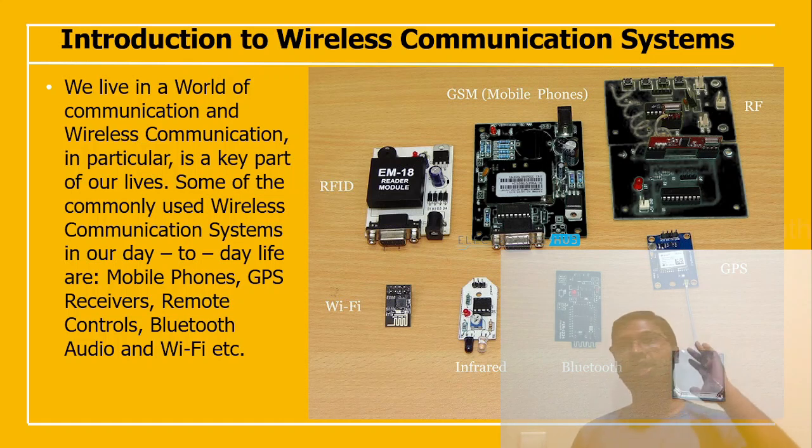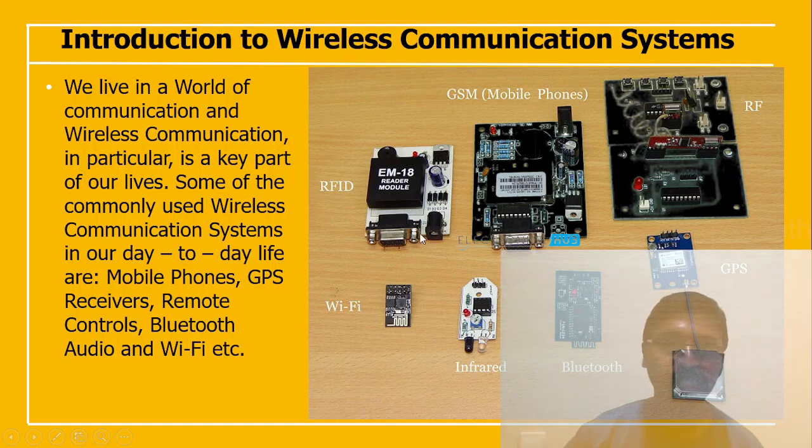If I am taking a class for a long distance, I can convey this information wirelessly through Zoom meetings, and the Wi-Fi hotspot also comes under wireless communication systems. So here you see GSM mobile phones, radio frequency communication RF, radio frequency identification, Wi-Fi (wireless fidelity), IR (infrared), Bluetooth, and then we have GPS, global positioning system.